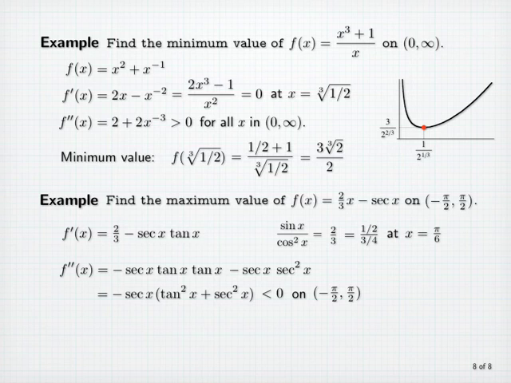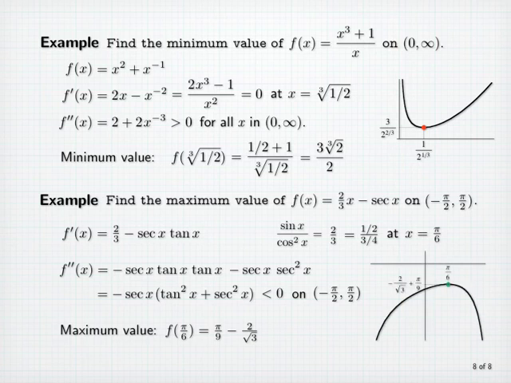That's our critical number in the interval minus pi over 2 to pi over 2. So the maximum value of the function on that interval is f of pi over 6, which is 2/3 of pi over 6, or pi over 9, minus the secant of pi over 6, which is 1 over the cosine of pi over 6, or 2 divided by square root of 3.